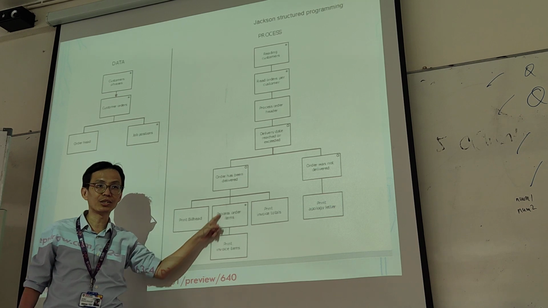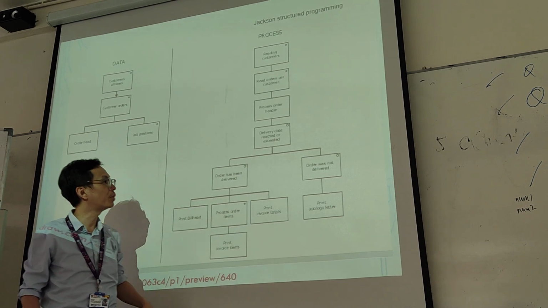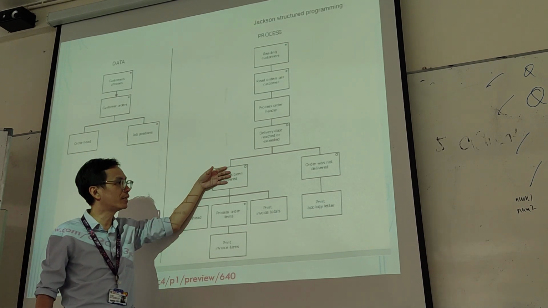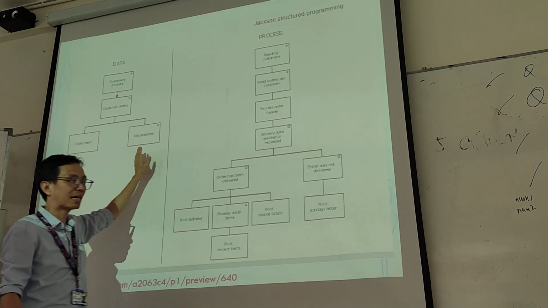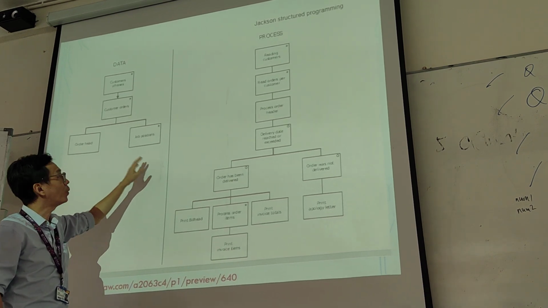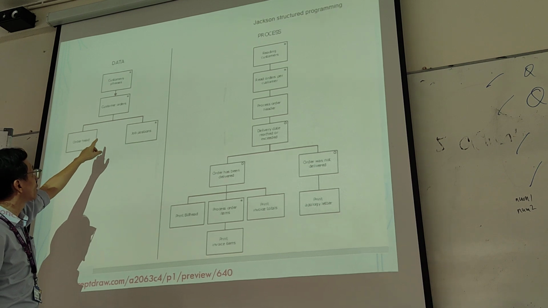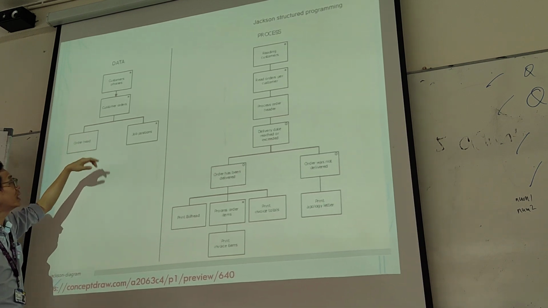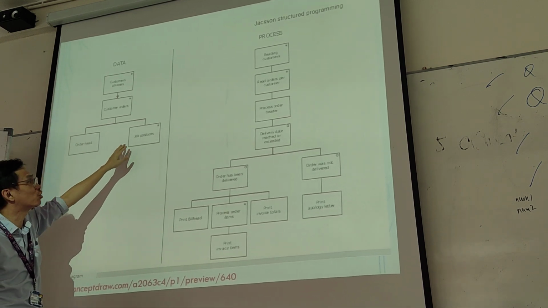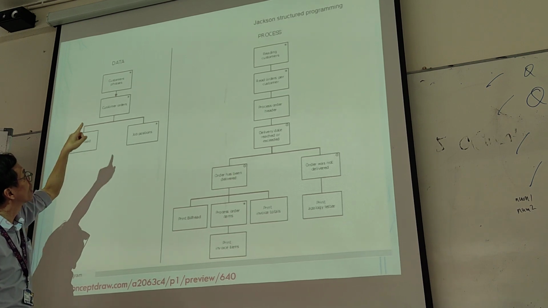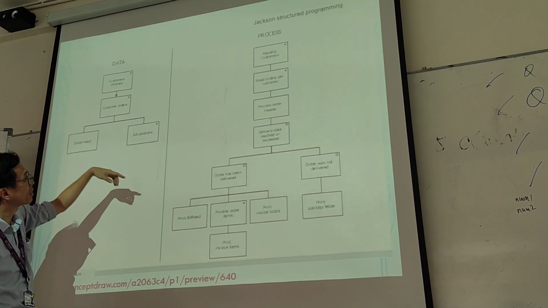It's an iteration process. So let's say you have the order already, this is the customer order process. What is the data? They need the customer order, and the customer order has the order header and the job position for the customer.